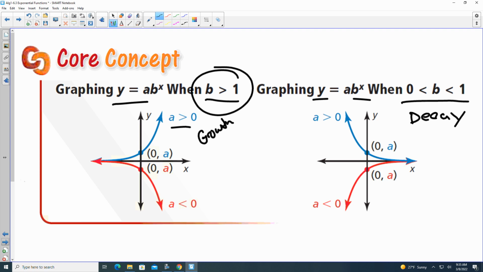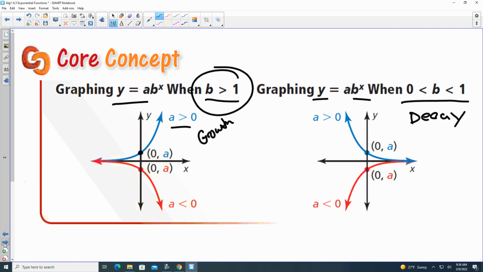Again, we'll talk more about exponential growth and decay in 6.4, but this gives you an idea of what that will look like as we move forward. A is always going to be your quote unquote y-intercept, and then it'll move upward from there, whether a is positive or negative, and we'll get an idea of that.